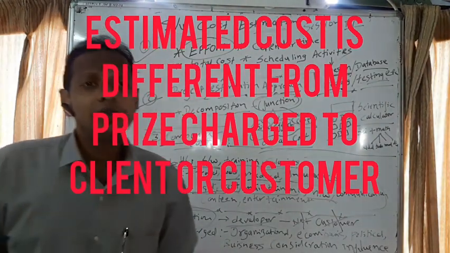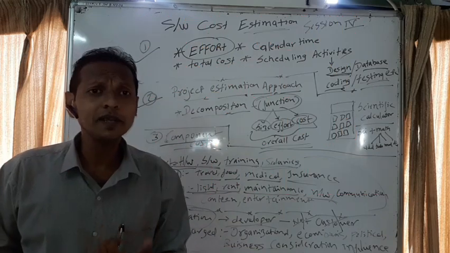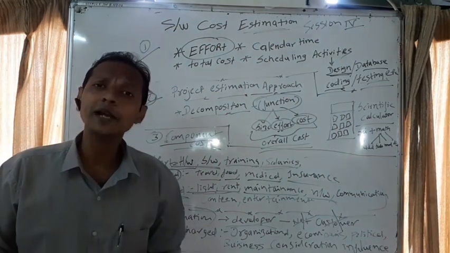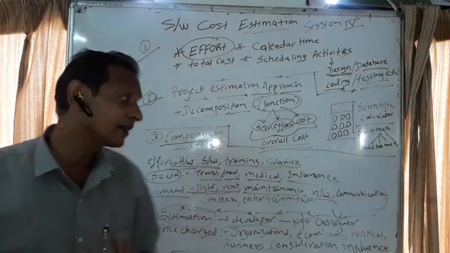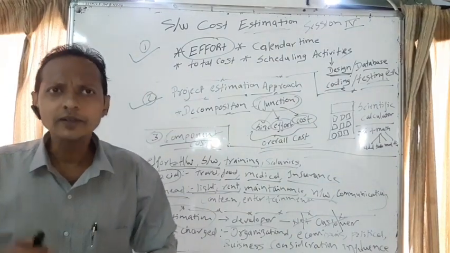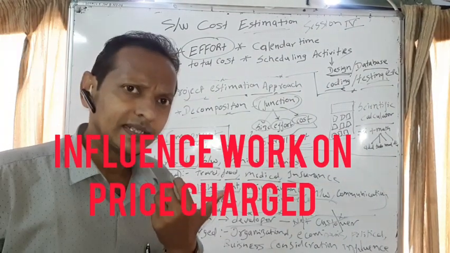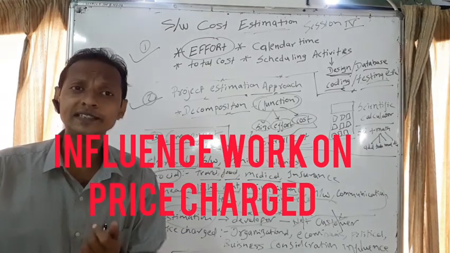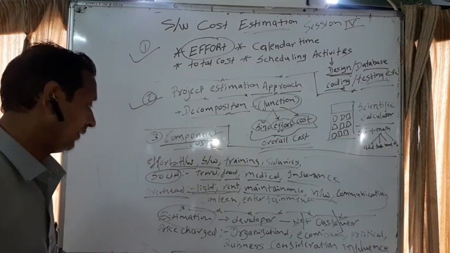Now why? Sometimes the estimated cost may be more and the offered price, the selling price, may be less. This is because there are many influences which affect this kind of relationship, what you can say is professional relationship or market relationship.